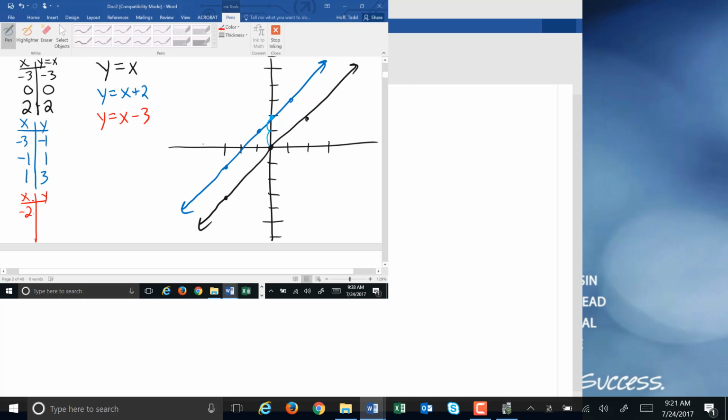What's -2 minus 3? -5. So -2, -5 is going to be right there. That's about right. If x is 0, y would be -3. Yep, right there. If x were 2, y would be -1. So 2, -1. And it appears that you are exactly correct. It's parallel. It's just moved down 3 spots from where it was, from the origin.